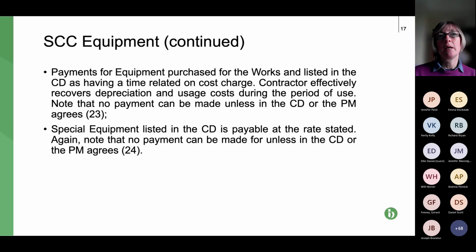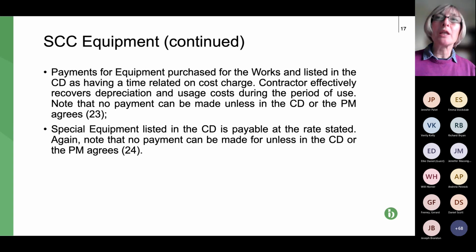Note here, and the same applies to the point we've just been talking about, equipment purchased specifically for a project, if the information isn't in the contract data to cover these, then you're not entitled to any payment.